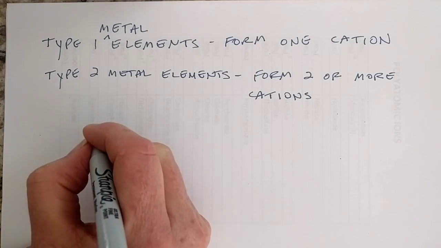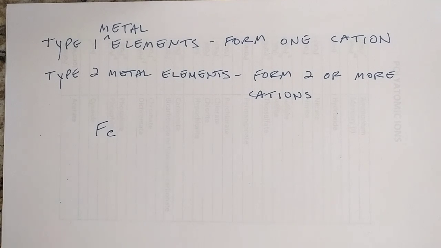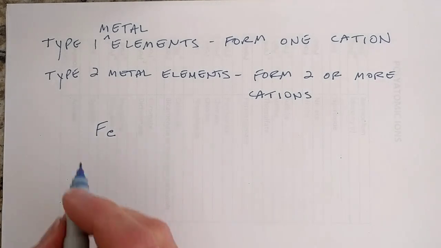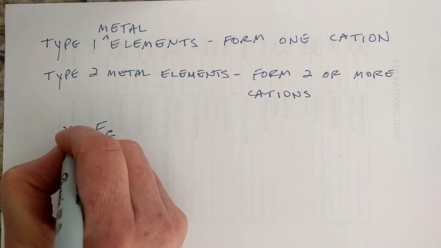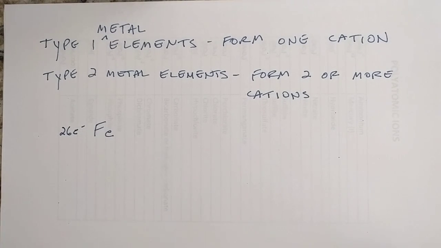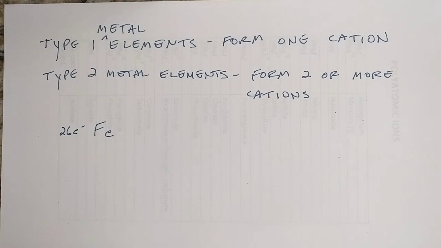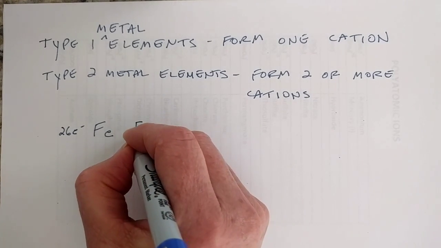So we're going to take a look at iron. Iron's our D block element. If you look at iron on the periodic table, it is element 26. So if we have a neutral iron atom, it will have 26 electrons. And to do our noble gas electron configuration for a neutral iron atom, we go to the noble gas before it on the periodic table.